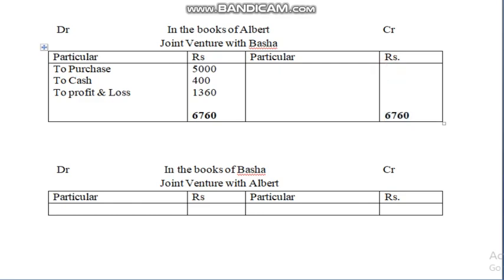So the balance figure is 6760 rupees. So to bank account, in bracket B by F. This is the final settlement made to Albert, 6760 rupees. Now prepare the personal account of Basha.